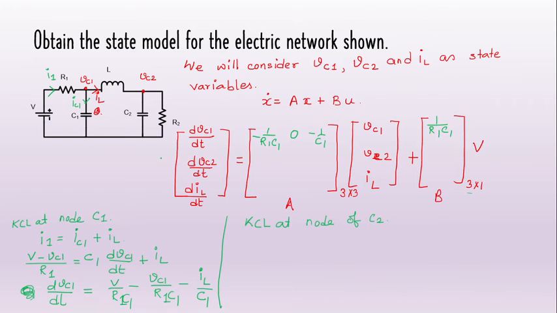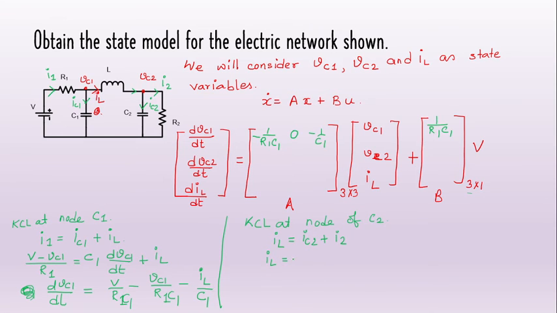The current IL is coming here, and IC2 is going out, and let us take the other current as I2. So IL equals IC2 plus I2. What is IC2?